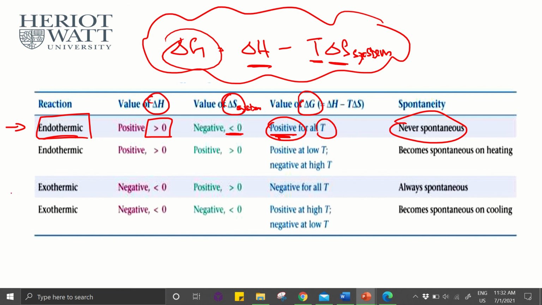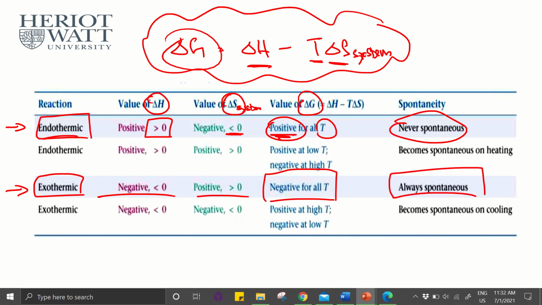Next, we look at this. When you have an exothermic reaction, the enthalpy change is negative and the entropy is positive, which is the opposite of just now. Your entropy is positive, enthalpy is negative, then your Gibbs free energy is always negative. Hence, the reaction is always spontaneous regardless of the temperature, whether it's low or high, any temperature.